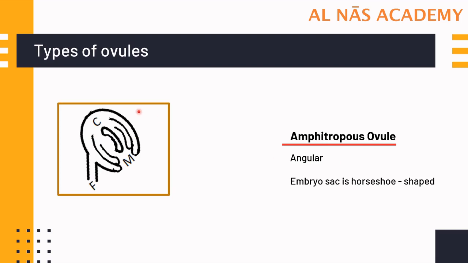Over here, the main body of the Amphitropous ovule is horseshoe shaped, where the embryo sac also becomes curved, forming a horseshoe shaped structure. So both the main body and the embryo sac appear horseshoe shaped. That's the reason for the name Amphitropous ovule.